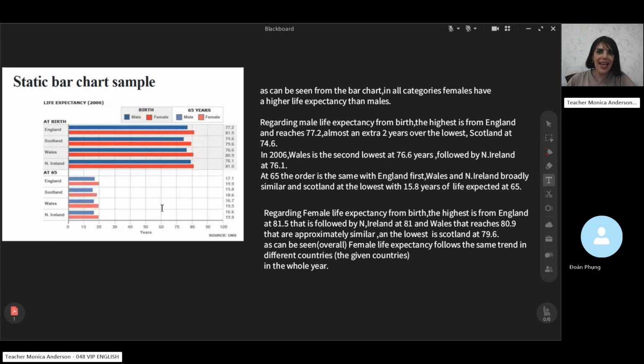If you can see a significant difference, you mention it. They are the same in the whole year: England first, just the figures are different. England first, and after that Northern Ireland again, and they are the same, just the figures are a bit different. Get it?